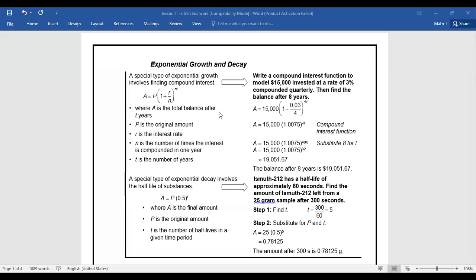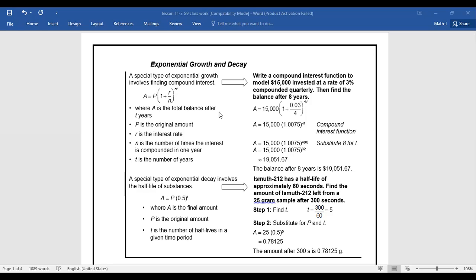With compound interest, A equals P times (1 plus r over n) all to the power of nt, where A is the total balance after t years. We can use compound interest when you are going to deposit money in a bank for a long time, or when you are going to take a loan from the bank, also for a long time.